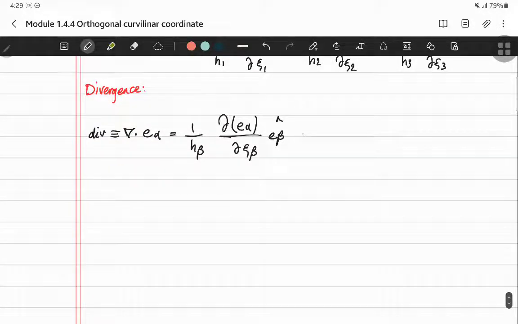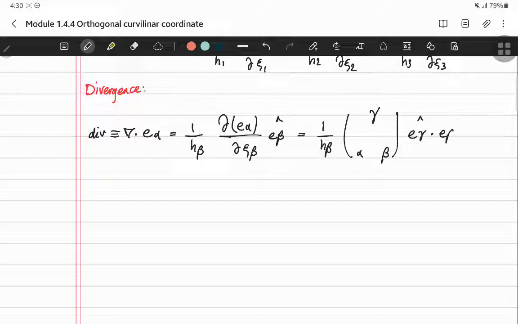So basically it is equal to 1 over h beta, and this partial derivative is nothing but the Christoffel symbol, e gamma dot e beta. And if you have, let's say, an orthogonal coordinate system, you have delta gamma beta.